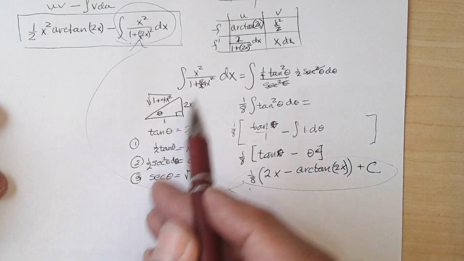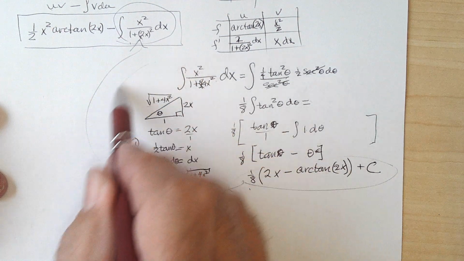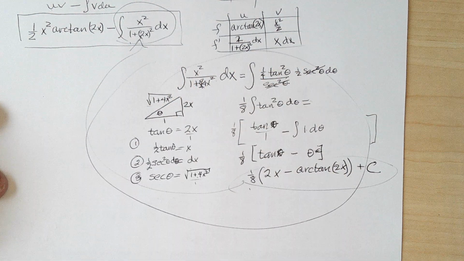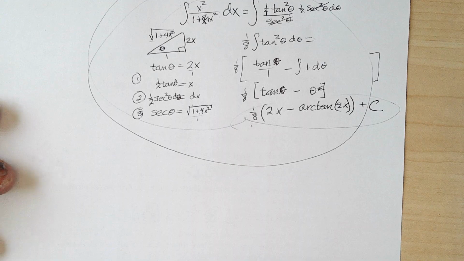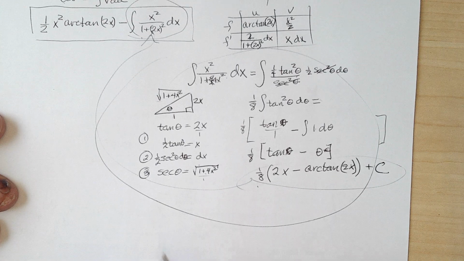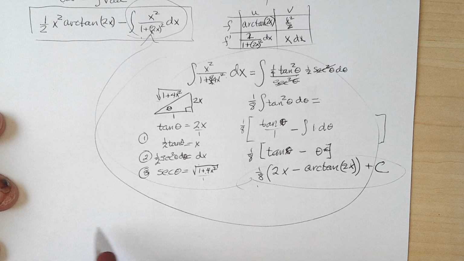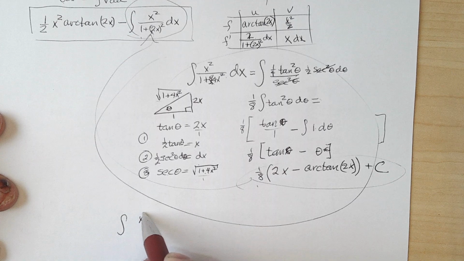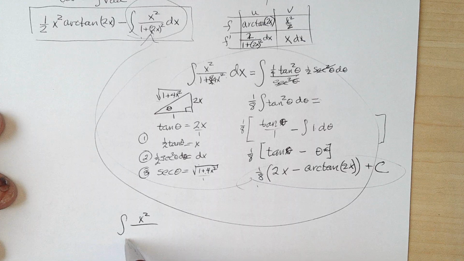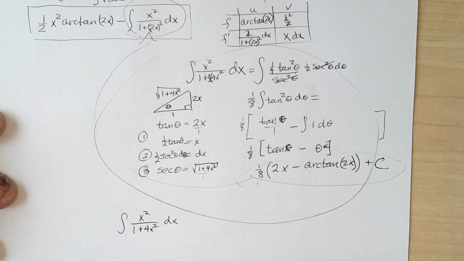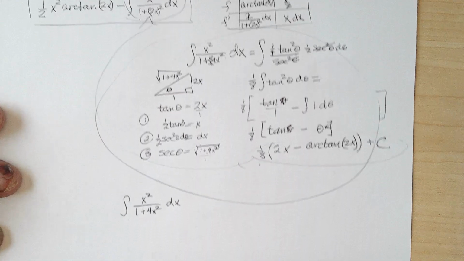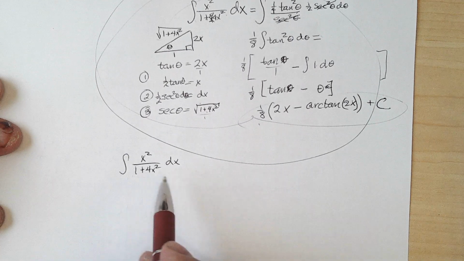Now, that's using trig sub, which we hadn't gotten to by this point. Now, we are going to learn integration by partial fractions, and I'm going to do this integral one other way. I'm going to divide this into that using long division.